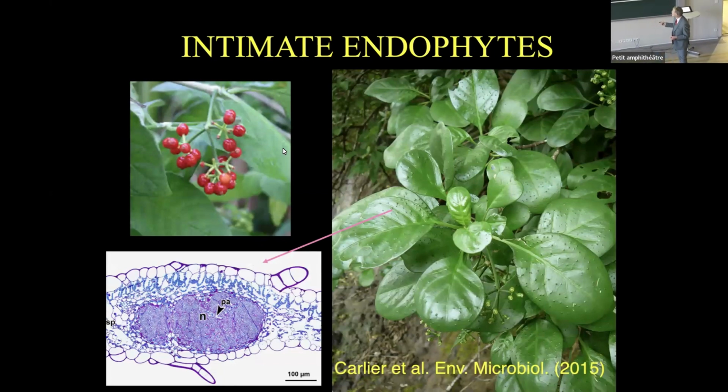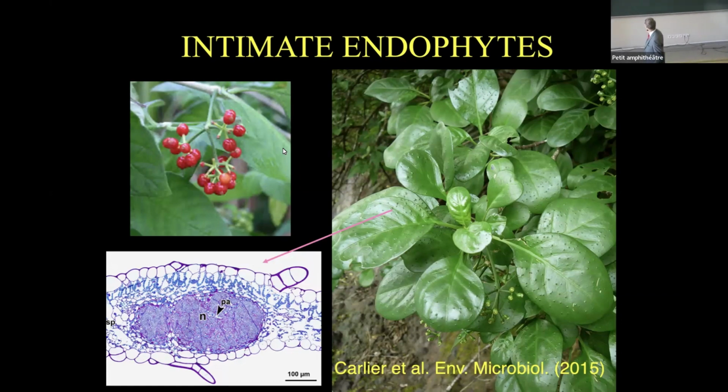Just something from a Psychotria, a genus of Rubiaceae that has some leaf nodules that were long believed to be nitrogen fixing. They are filled with bacteria. Recent work by Julien Carlier and others just showed that they are bacteria producing anti-insect toxins.